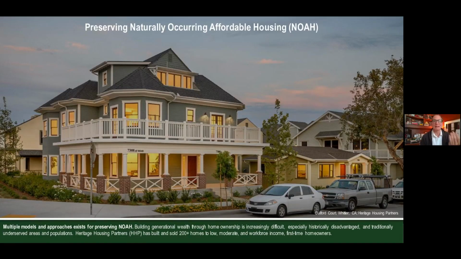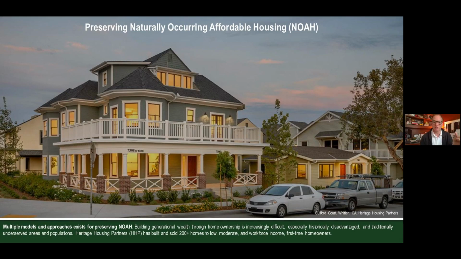And it looks like many different things. This example is naturally occurring affordable housing and some new infill development, but more of a home ownership model, ensuring that low income, moderate income, or workforce income residents can actually buy versus just the idea that you have to rent.